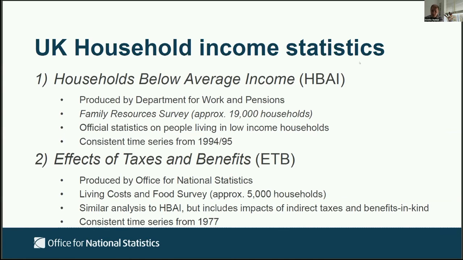The data in ETB is very similar to that in HBAI, but we also look at the further impacts of indirect taxes like VAT and alcohol duties, and also benefits in kind from public services like NHS and education, to give a more holistic view of how tax and benefits redistribute resources. And we also have a consistent time series for this going back to 1977.